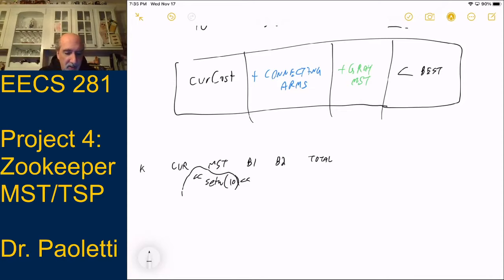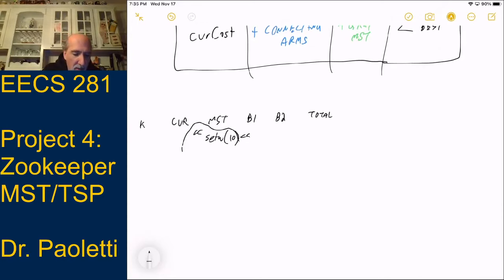Because what we should see as the number of unvisited goes up, the cost of the MST should also tend to go up. It's not strictly one-to-one, but it should be a general trend. The more unvisited there are, the bigger the MST should be. The more unvisited there are, the smaller the current cost should be. The blue arms should tend to go up and down.